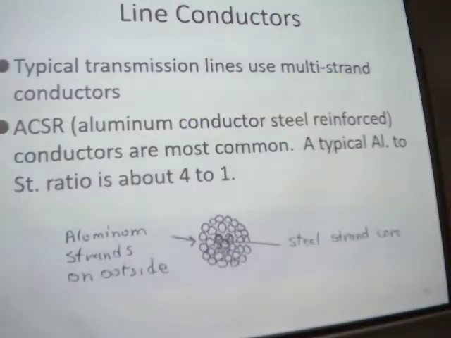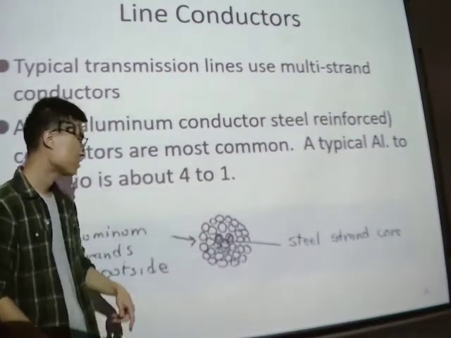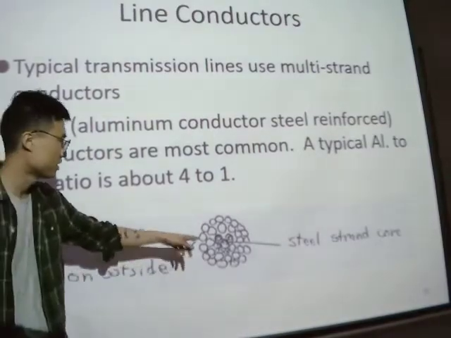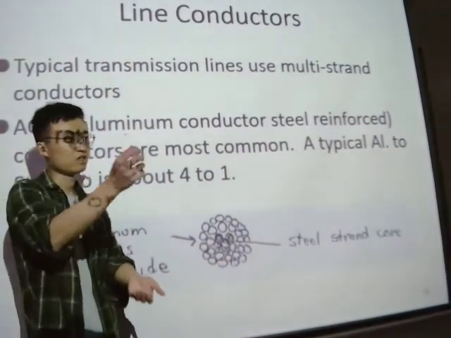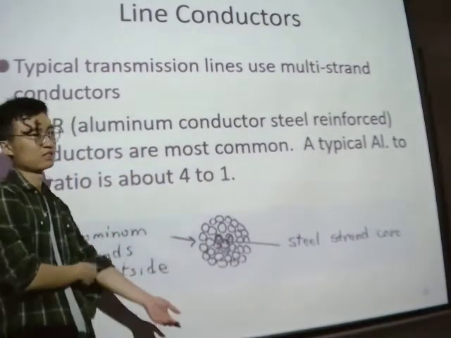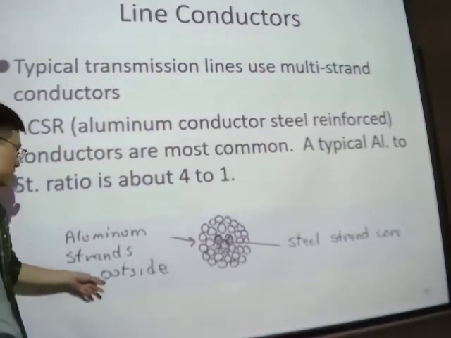As I said, we are not doing the plots. So this is actually the transmission line of the real world. Here is the steel strand core in the conductor, and here are the aluminum strands outside.